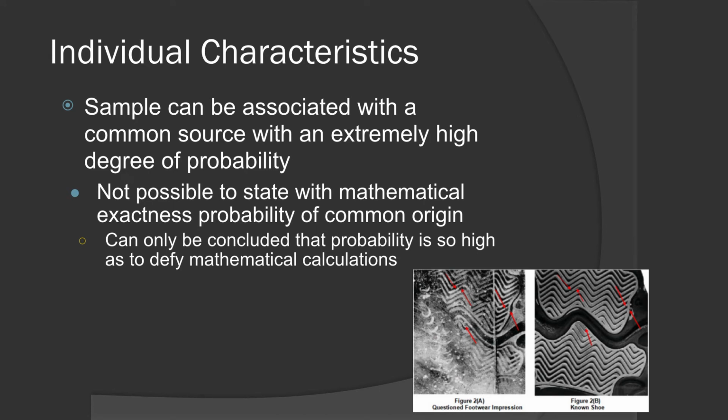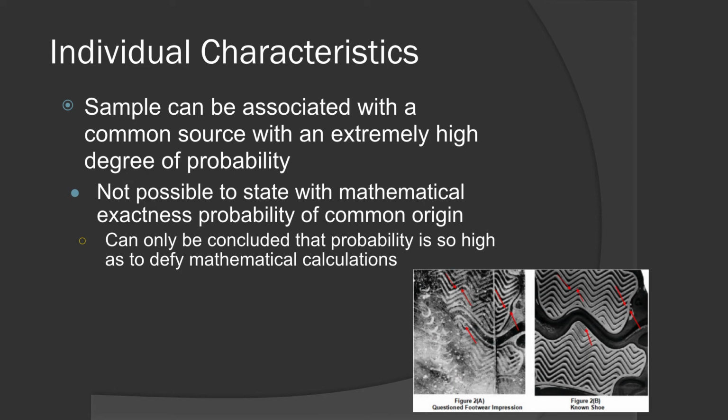Individual characteristics happen when a sample can be associated with a common source with an extremely high degree of probability. So when we say an extremely high degree, it's because it's not possible to state with mathematical exactness the probability of common origin. But it can be concluded that the probability is so high that it defies mathematical calculations.